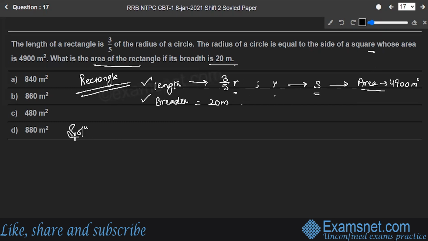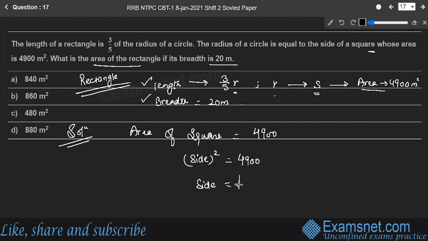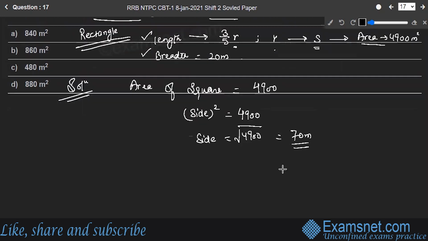So here is the solution. Area of square is equal to 4900. Side square is the formula for the area. So that means side is equal to root of 4900, which is 70 meters. This is the side of the square. Now, side of the square is equal to radius of the circle.